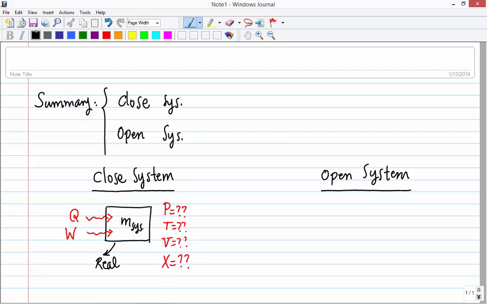On the other side, we talked about open systems. In the open system, we have a combination of solid lines, which again represent the real boundaries, like the casing or shell of a turbine or a pump. And we had dashed lines on both sides, left and right, most of the time.